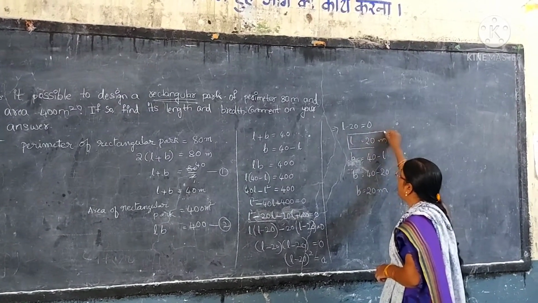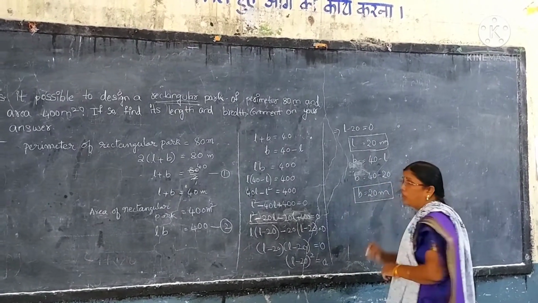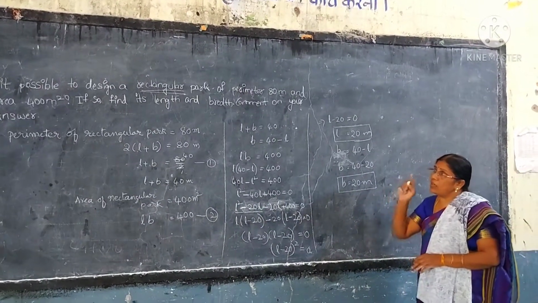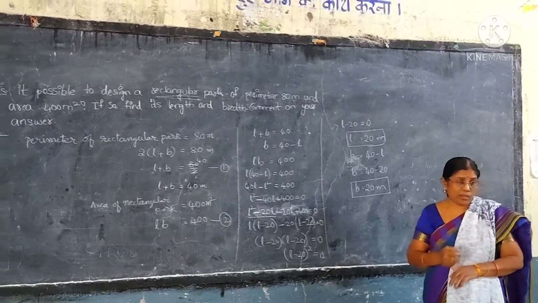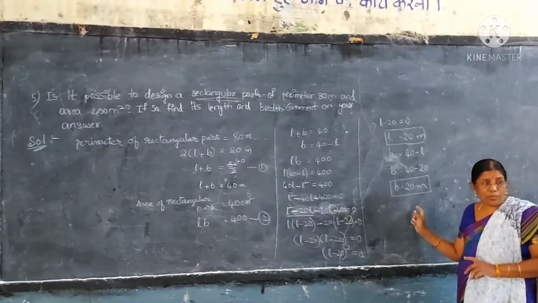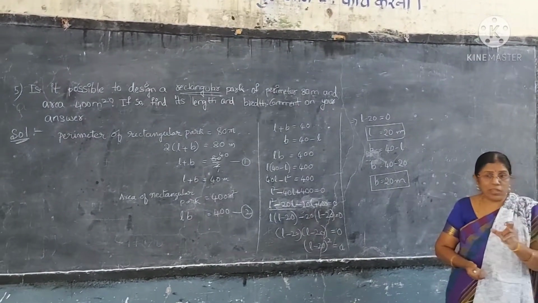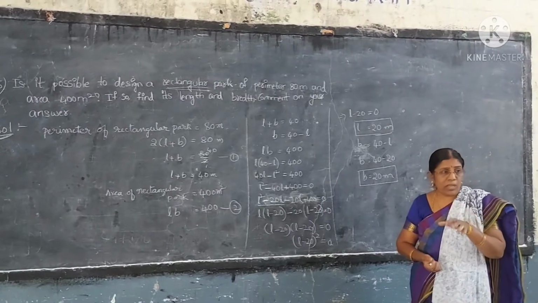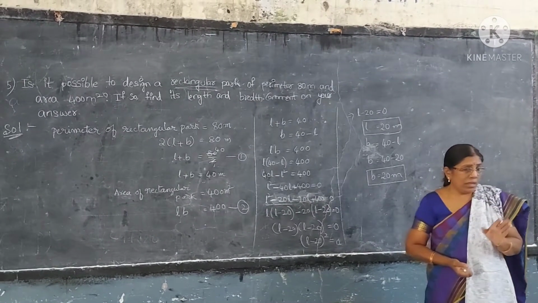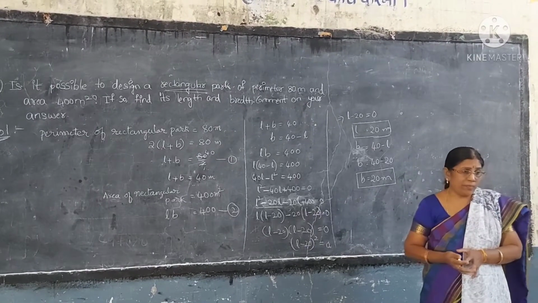So here the length and breadth are equal. Okay, we can design a rectangular park with the measurements of L equal to 20 and B equal to 20. When L is 20, B is 20, means L is B, both are equal. When both sides are equal, actually it is a square.